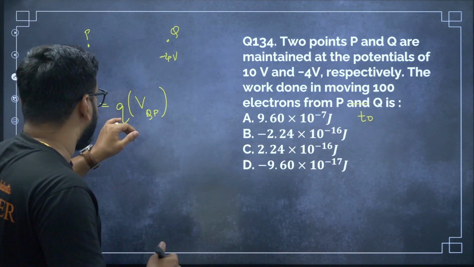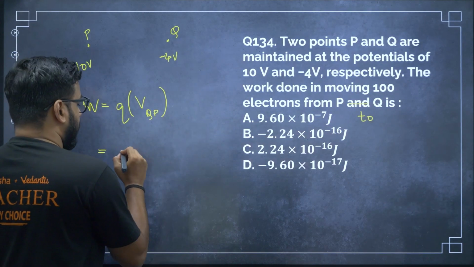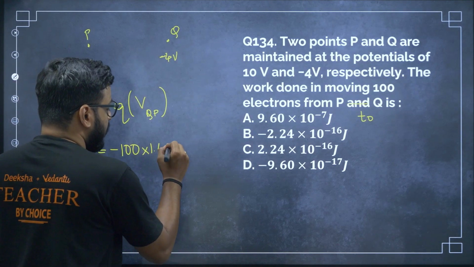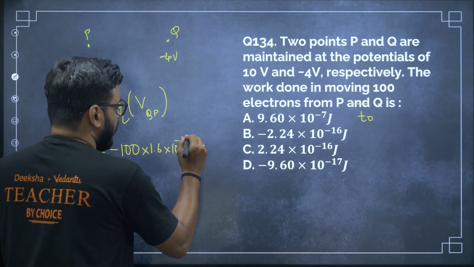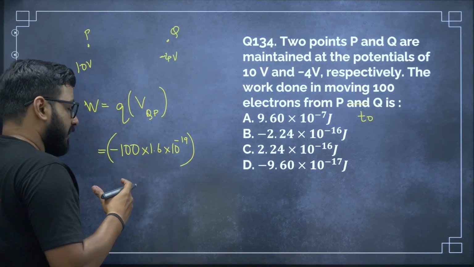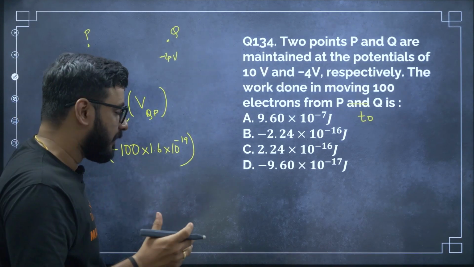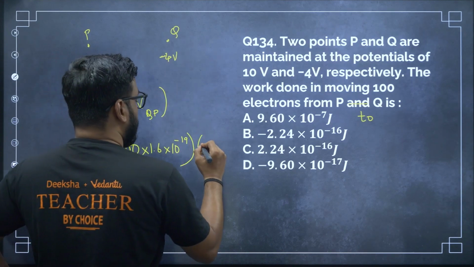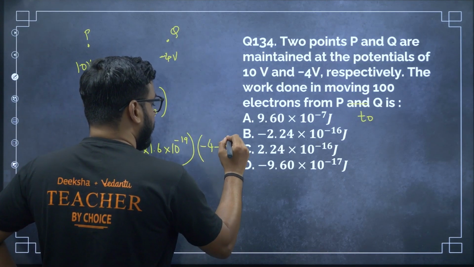Now the charge, all of you know, 100 electrons, so it is negative charge, 100 into 1.6 into 10 to the power minus 19. When you are doing potential questions, the sign is very, very important. And the potential difference is Q minus P, minus 4 minus 10.